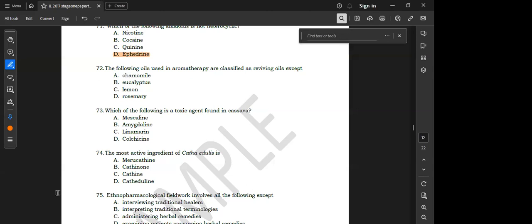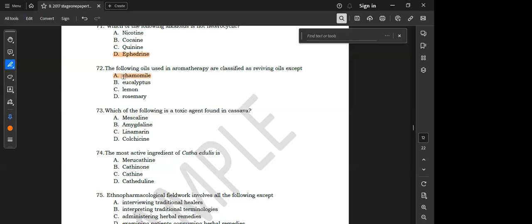Maybe we go with chamomile. Okay, we can go with chamomile and continue.